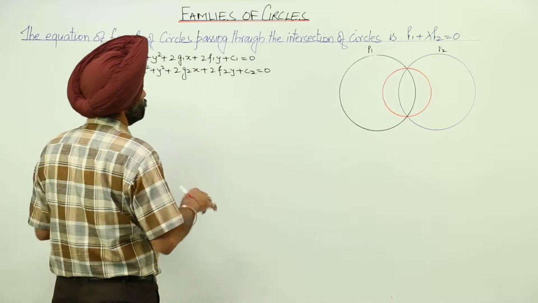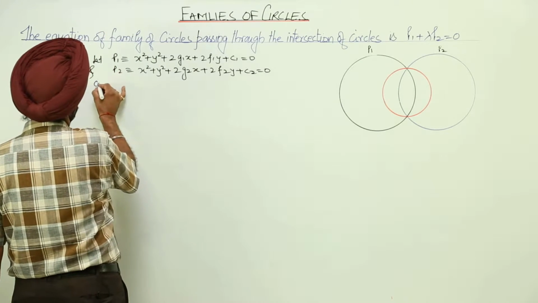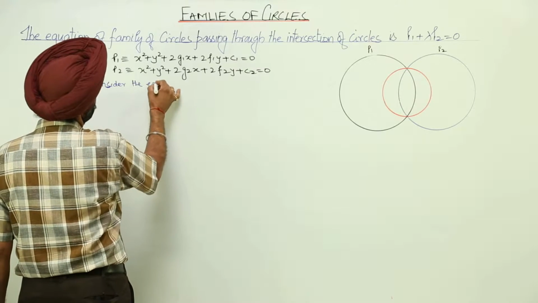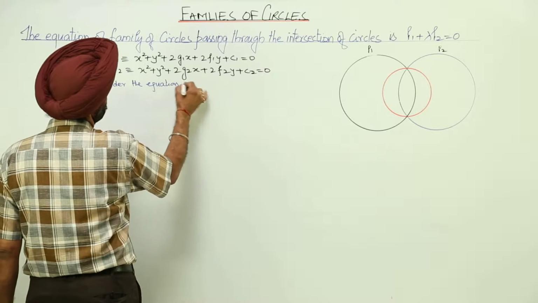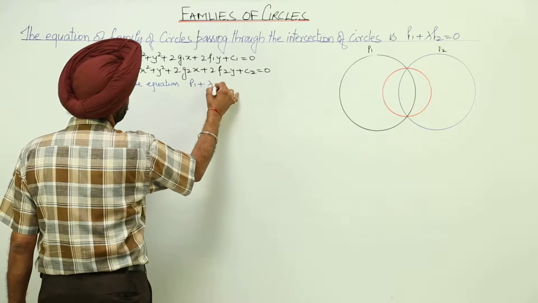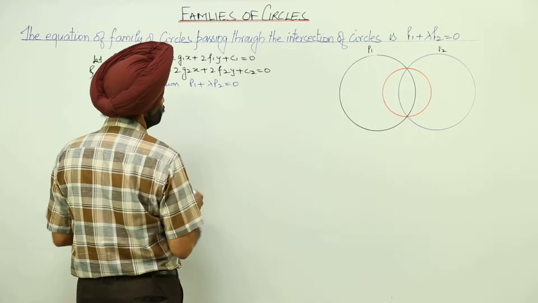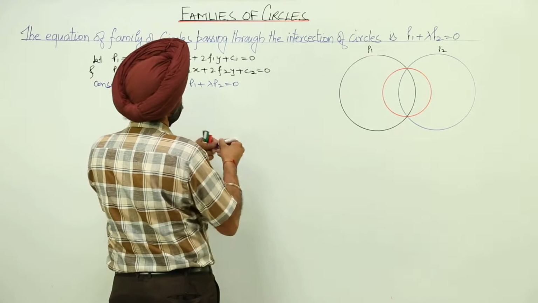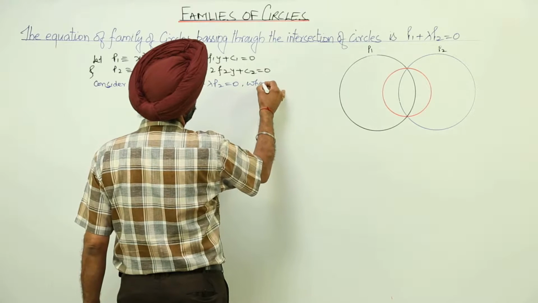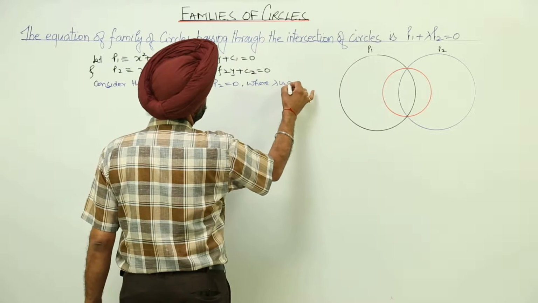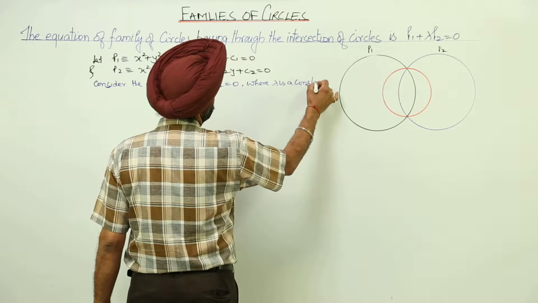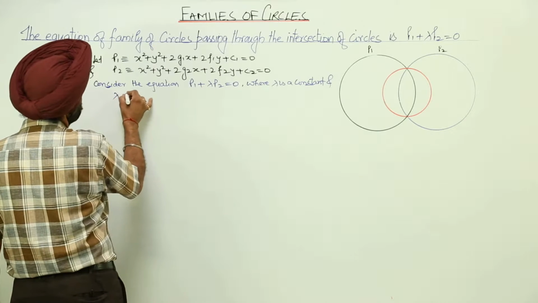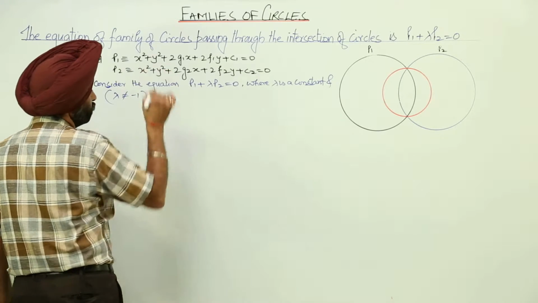Now consider the equation P1 plus lambda P2 is equal to 0, where lambda is a constant and lambda is not equal to negative of 1.